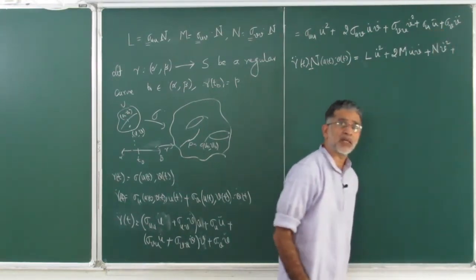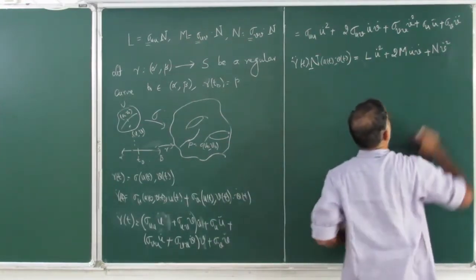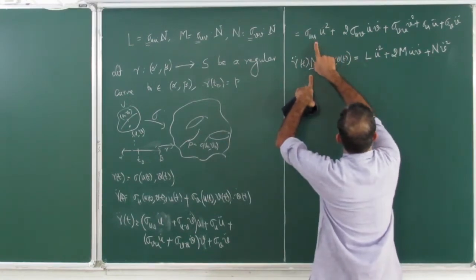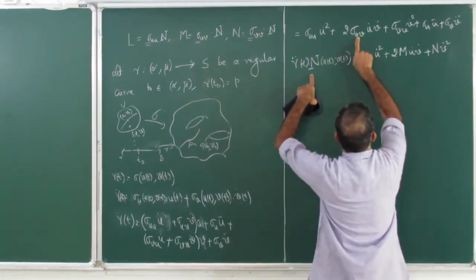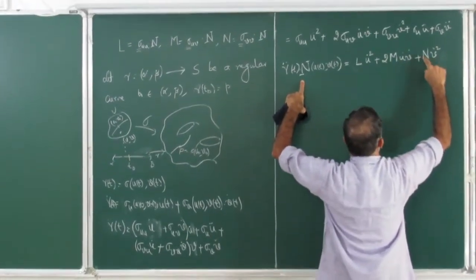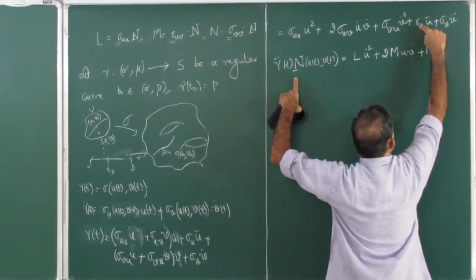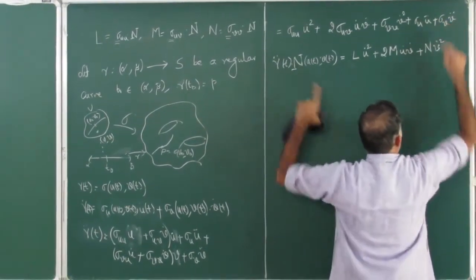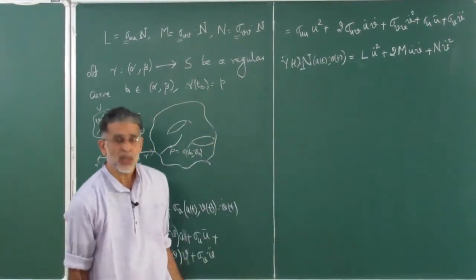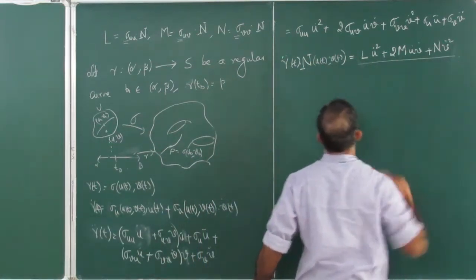Sigma u dot n is 0, sigma v dot n is 0, so there is nothing more. You are taking the dot product with this. So here sigma uu dot n, that is L. Here sigma uv dot n, that is m. And here sigma vv dot n, that is the function n. And sigma u dot n and sigma v dot n are 0, because they are tangent vectors orthogonal to the normal, so that component vanishes. So this is exactly what you get.